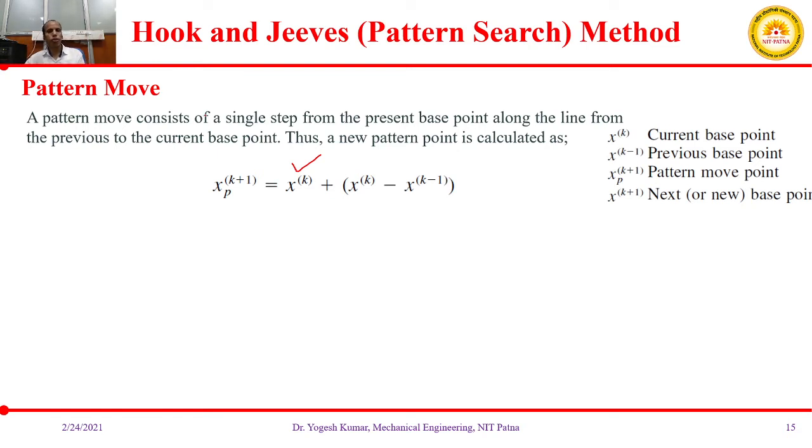In order to find the next optimum set of values, we use the pattern move, in which xk plus 1, the next possible set of values, is equal to xk, the current set of values, plus xk minus xk minus 1, the previous values.